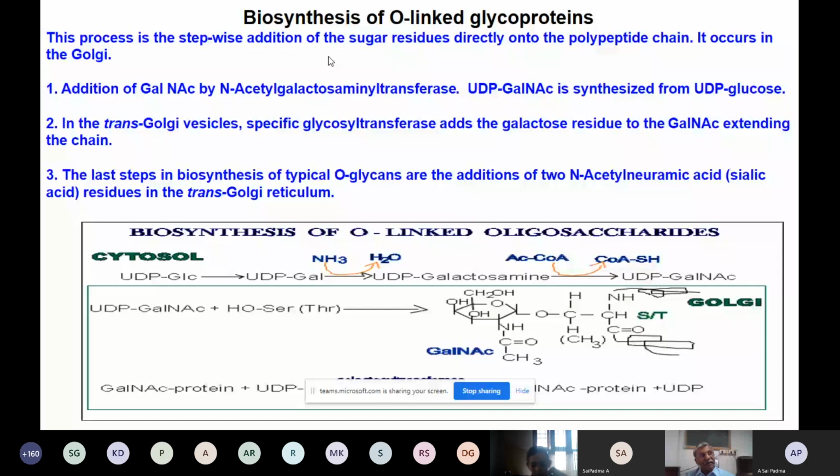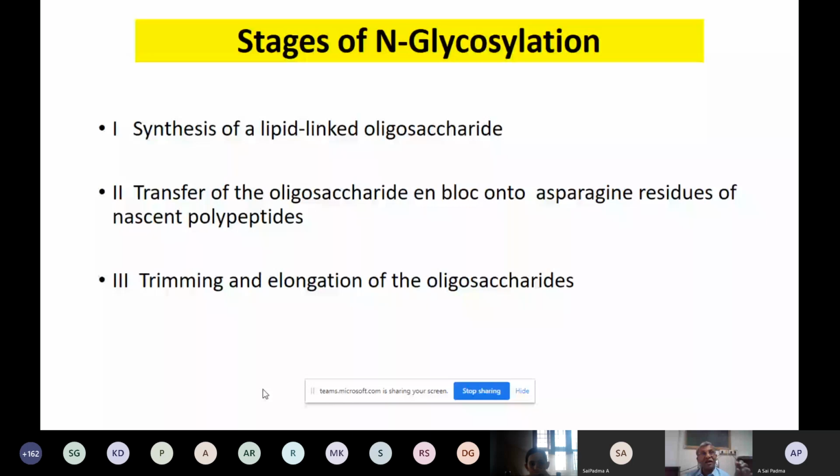To this galactose, again, a sialic acid residue can be added, or another N-acetyl glucosamine residue can be added, depending on the nature of the glycoprotein, in the Golgi apparatus. This is all O-linked glycosylation, where the glycan portion is linked to the serine or threonine residues.